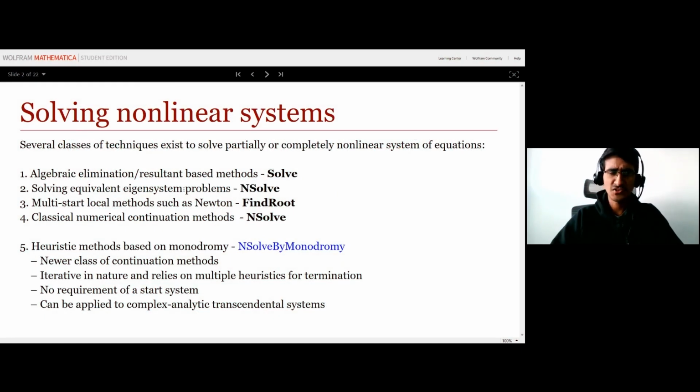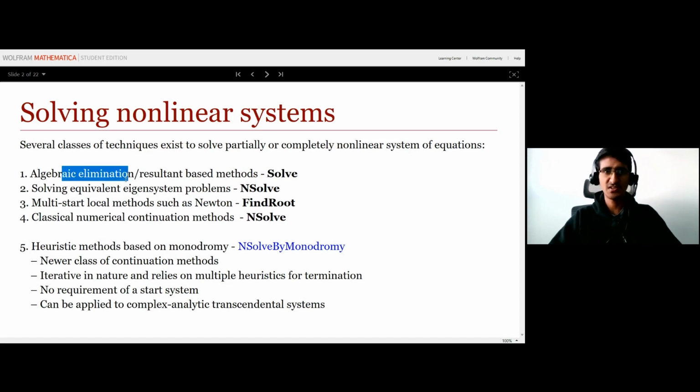There are several methods to solve large nonlinear systems of equations. These could be a root finding problem. They could also arise out of optimization problems because there is a duality there. Many global optimization problems can be posed as root finding problems of the gradient function. To solve these equations, there is Solve, there is NSolve, FindRoot, that has a whole plethora of methods.